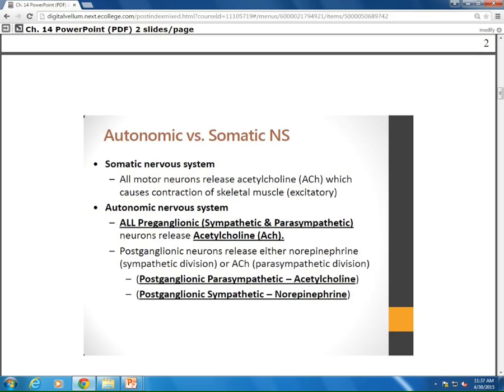Or you can just know that everything parasympathetic uses acetylcholine, period. That may be one easy way to learn it. And just know that for sympathetic, the only place norepinephrine is used is at the level of the organ, on the postganglionic side. So whichever way works for you.